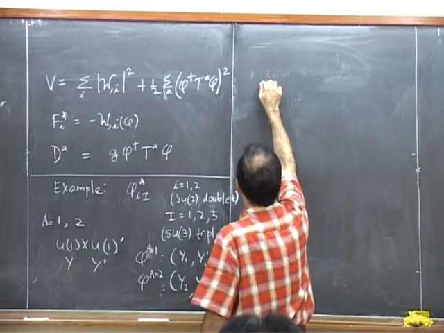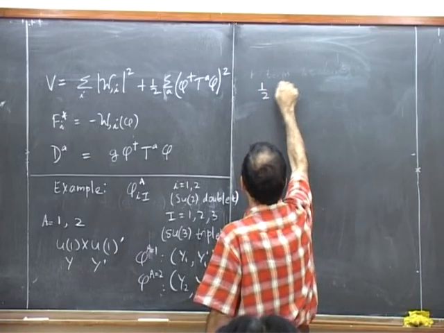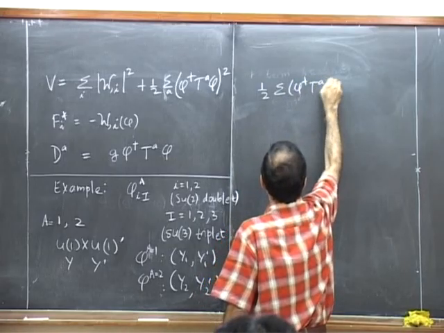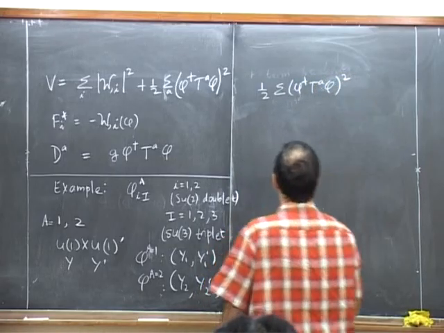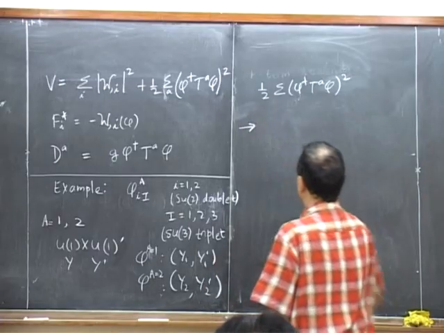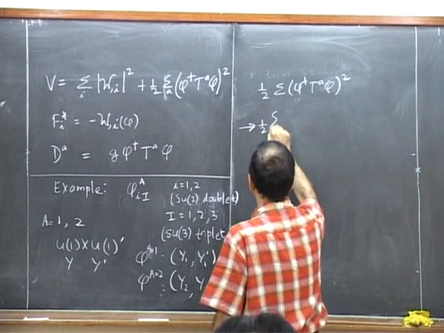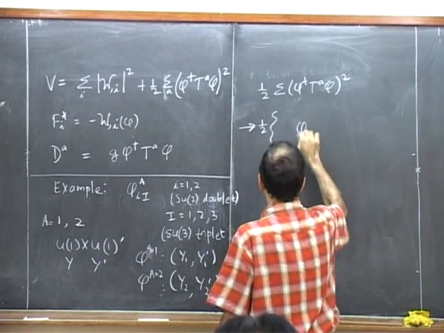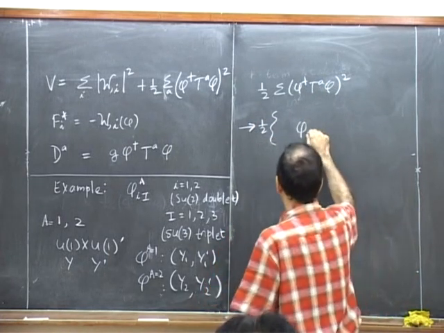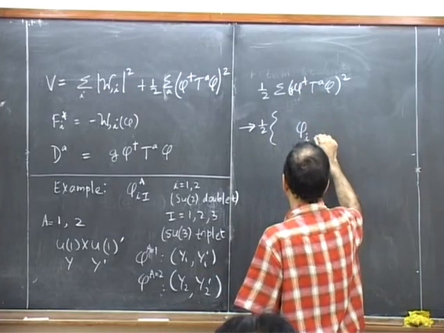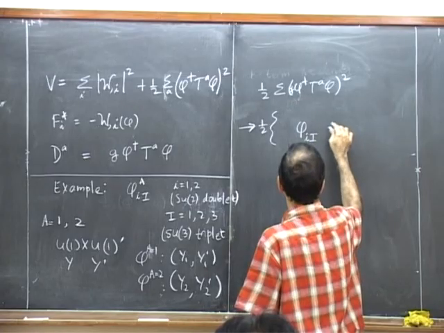So what I need to do is write half summation phi dagger dA phi squared in this particular case. I claim this is a half which is outside everything. Phi. Now here I am going to put a G. So I'll put the SU2 index and the SU3 index.